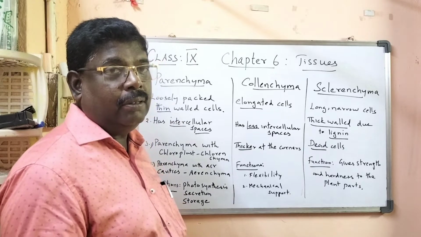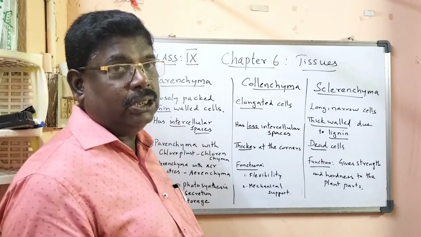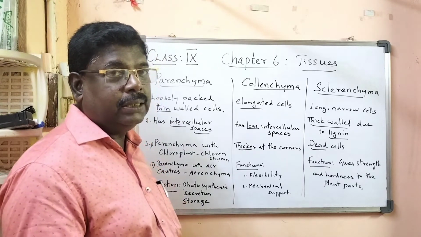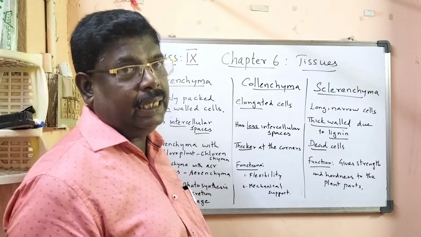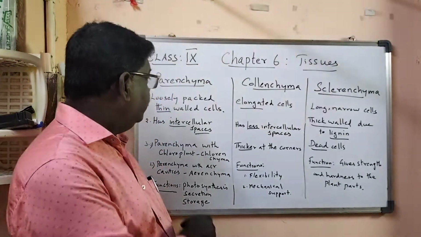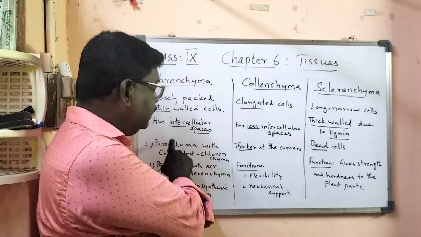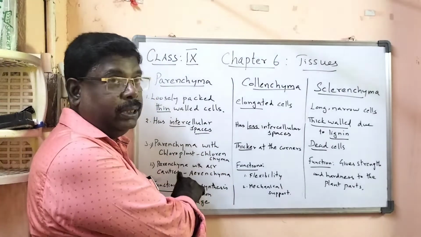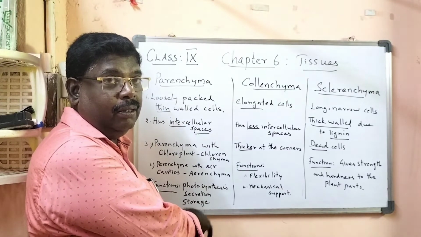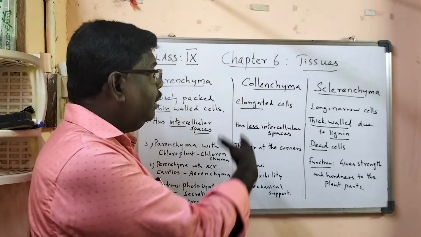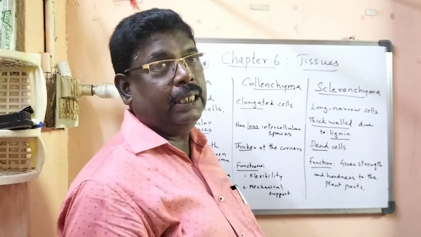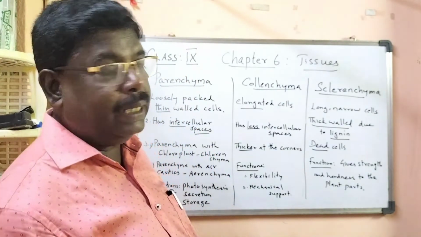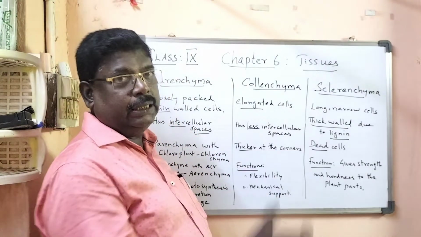Mostly storage of food particles and other things takes place in parenchyma. So loosely packed thin-walled cells have more intercellular spaces, two types, chlorenchyma, aerenchyma, and the functions are given.